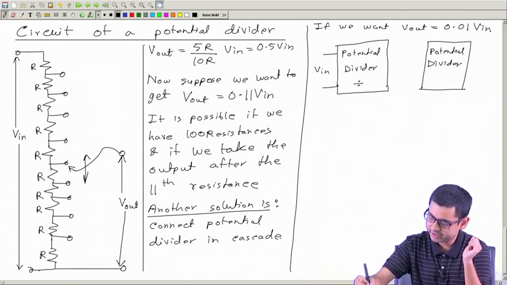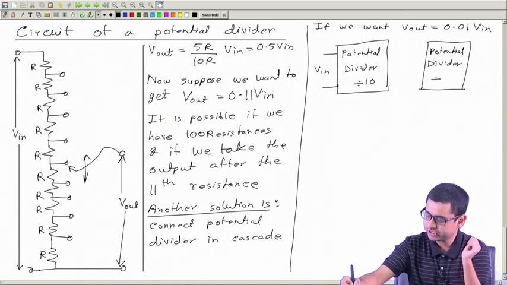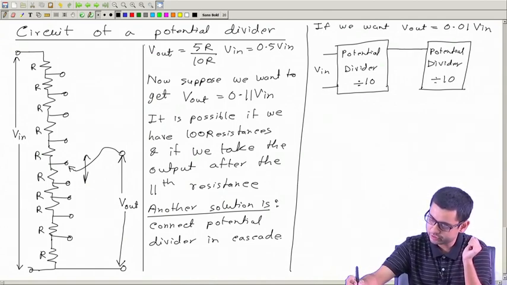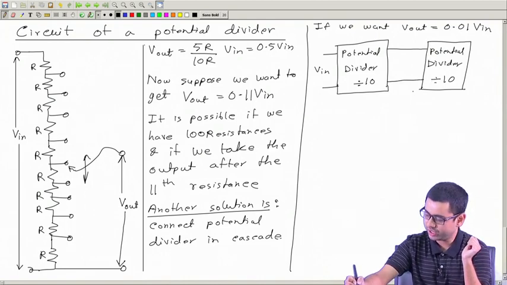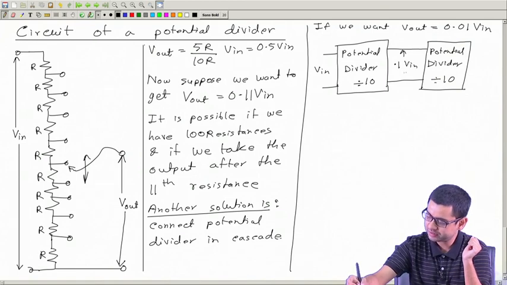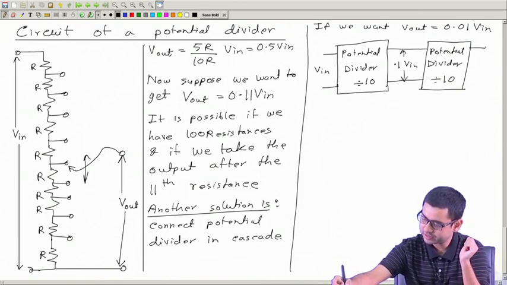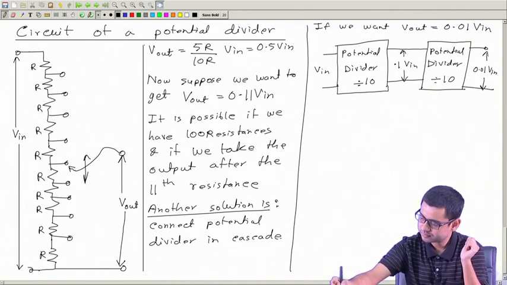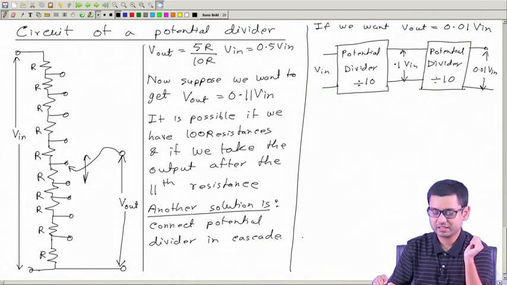This will divide by a factor of 10, and this will divide again by a factor of 10. The output of this potential divider will feed the input of the second one. So this voltage will be 0.1 times V in, and then here we will get 0.01 times V in. So this is a solution.